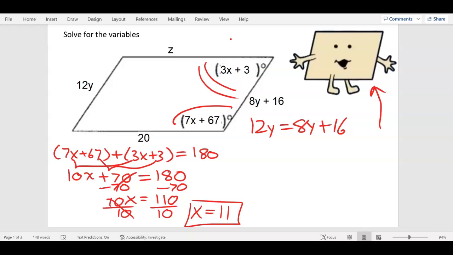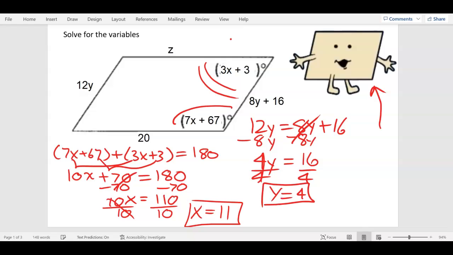How do I get rid of a positive 8y? Subtract. So minus 8y, minus 8y. 12y minus 8y is 4y. Last step to get rid of that 4, we divide. 16 divided by 4 is 4.